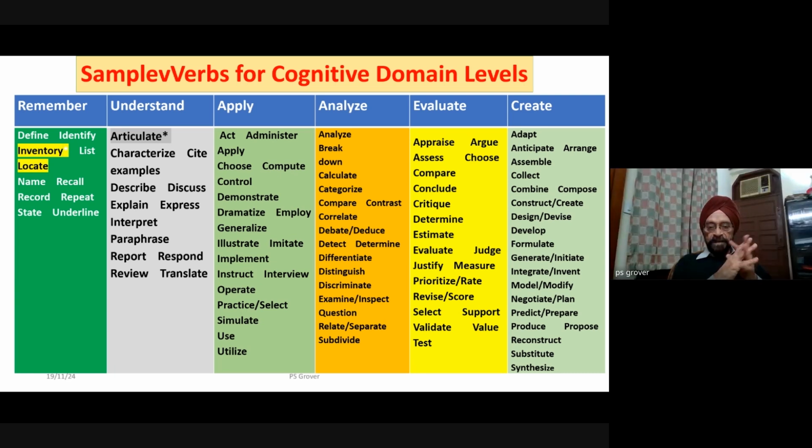Let us say we say distinguish between two essays. I cannot distinguish between two essays until I understand the contents of the essay, the goal of the essay. Now, how do I understand? What is the goal of the essay? I must understand it.